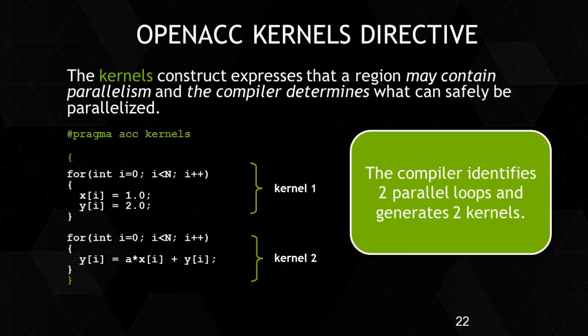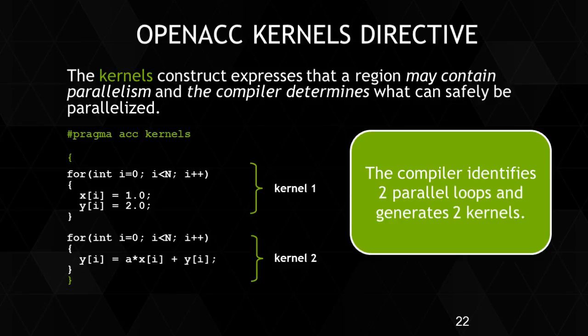And so here I've got 2 different loops. I've got an initialization loop and a calculation loop down below. And I've wrapped all of those in an ACC kernels directive. The compiler is going to analyze that, and if it can determine that the first for loop is safe to parallelize, which it is, it will generate a GPU kernel for that.